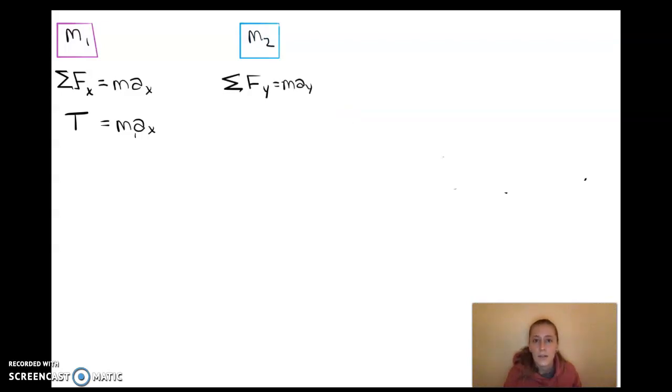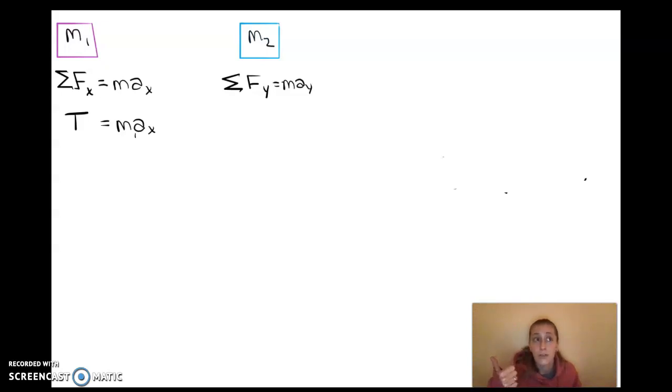We know that for this object, there's a net force happening vertically. Combining our knowledge of the net force and Newton's second law, we can say that the sum of the forces in the vertical direction, Fy, is equal to the mass of this object times the acceleration in the vertical direction. Thinking about your free body diagram, what forces act in the vertical direction?